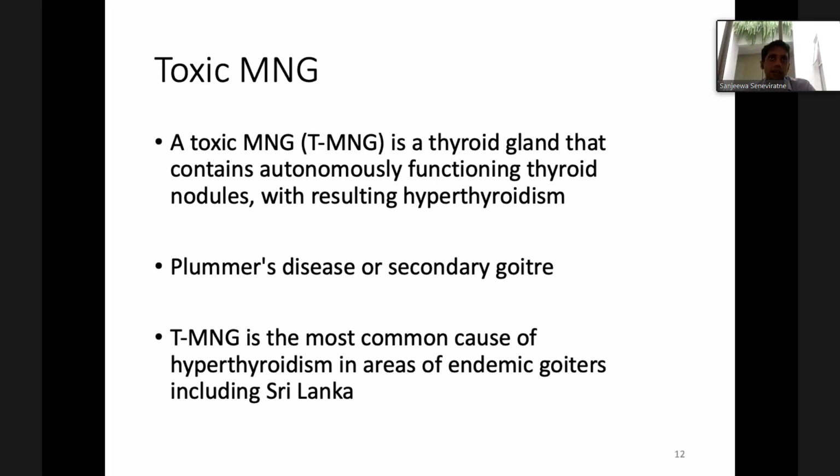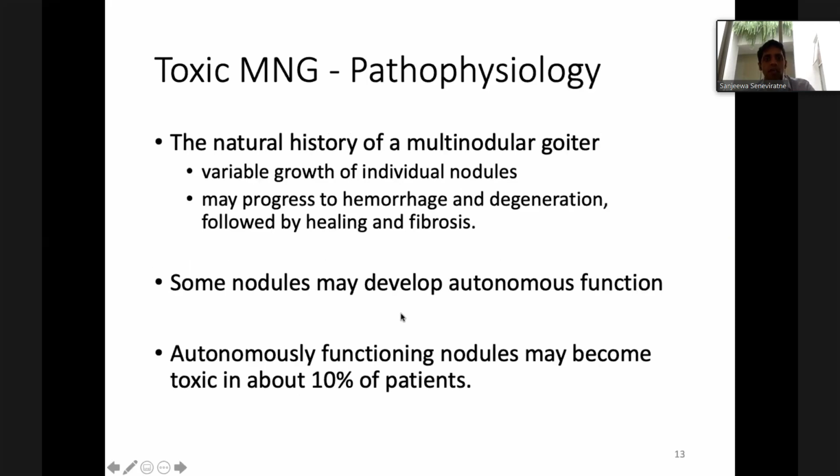Since toxic multinodular goiters are directly related to the incidence of goiters, it is the commonest cause of hyperthyroidism in Sri Lanka, and not Graves' disease like mentioned in your books which are written in the West. Of course, in the West, it's Graves' disease, but in Sri Lanka, it's toxic multinodular goiter. Remember that. It far exceeds the number of patients with Graves' disease that we see.